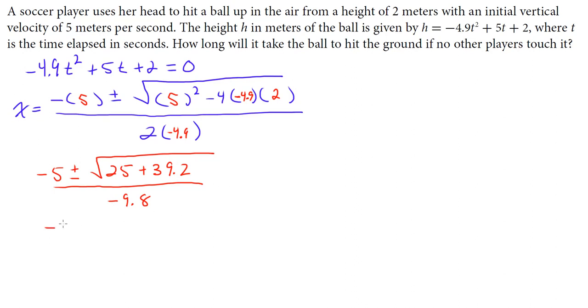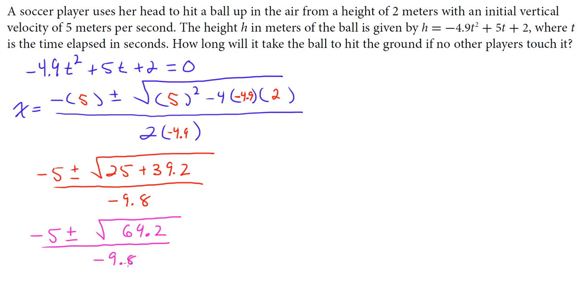So we have negative 5 plus or minus the square root of 64.2 divided by negative 9.8.